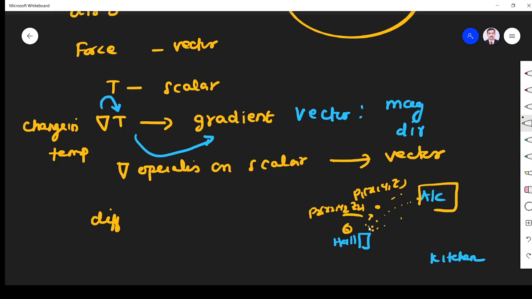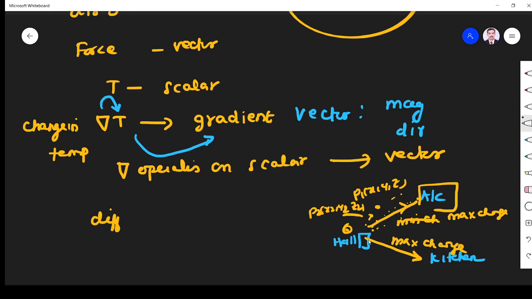So you are moving in the direction of minimum change, or maximum change in the opposite sense. Whereas if you move from hall to kitchen, you are going in the direction of maximum change, because the kitchen has the maximum temperature compared to any other area.